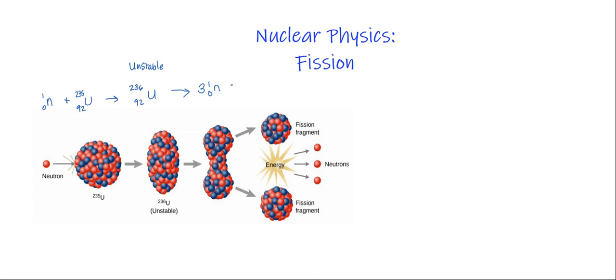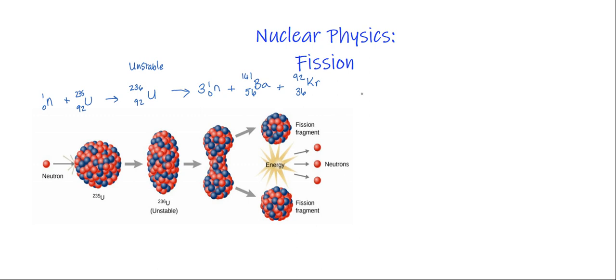In this example, we're going to form barium, which is element 56, barium isotope of 141, and then we're going to also form krypton, which is element 36, and it has 92 as its atomic mass.